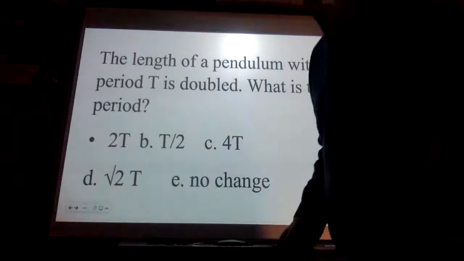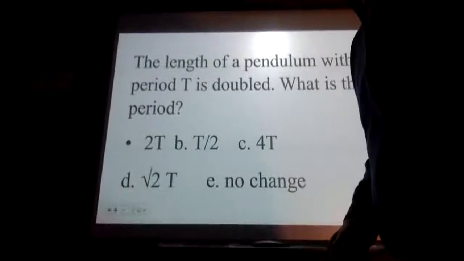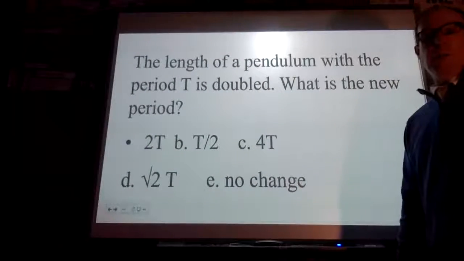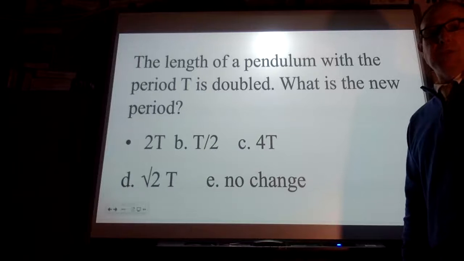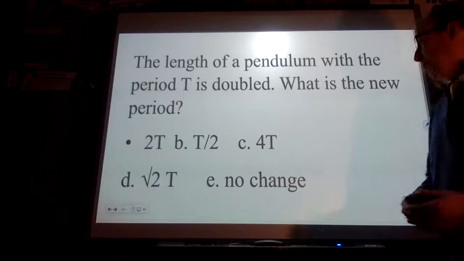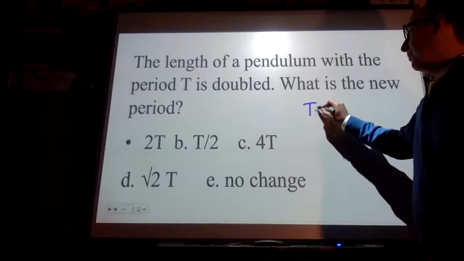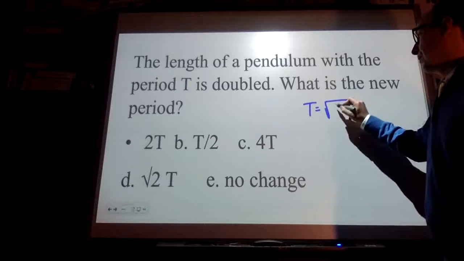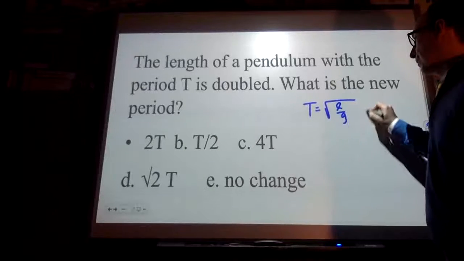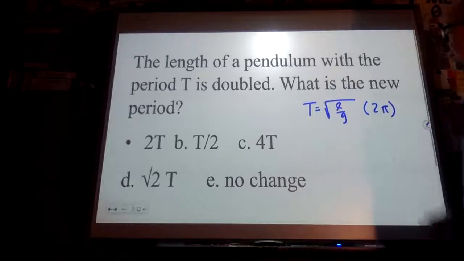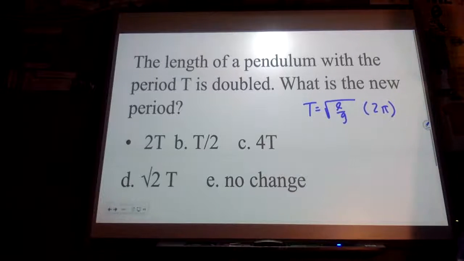All right, the length of a pendulum with a period of T is doubled. What is the new period? All right, so looking at our formula, I don't have to move anything around because that's our formula already.